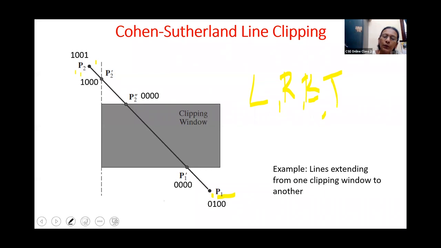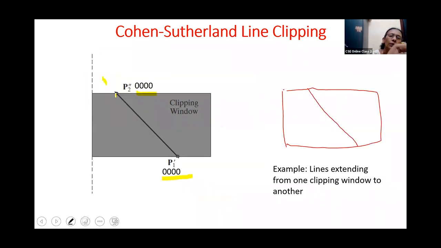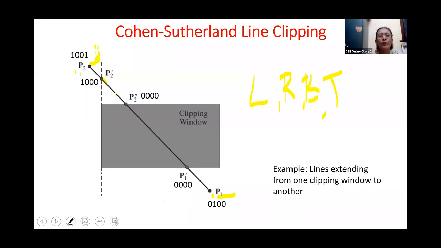For the left boundary, P1 is not to the left, whereas P2 is, so we clipped P2 to P2 dash and considered the line from P2 dash to P1.